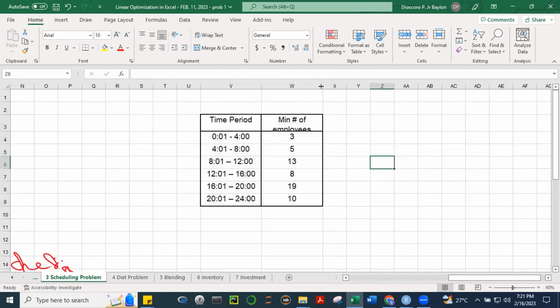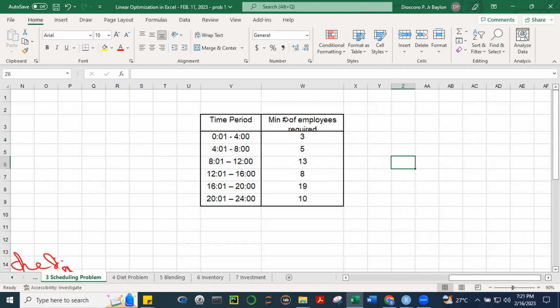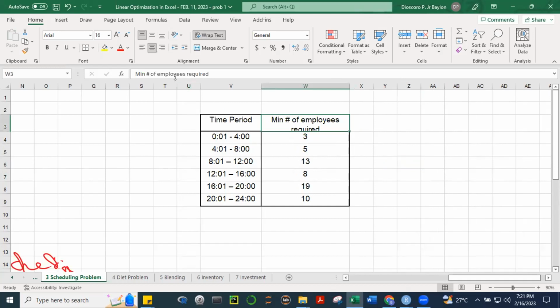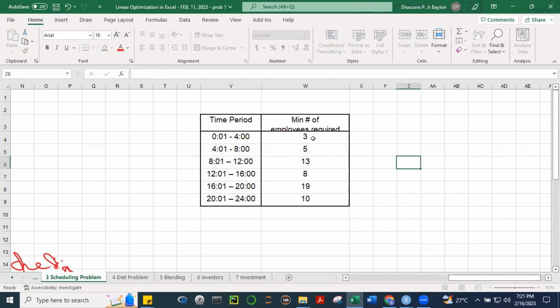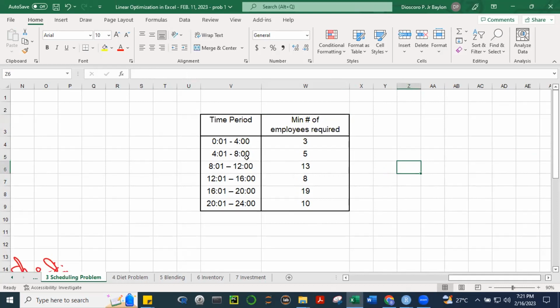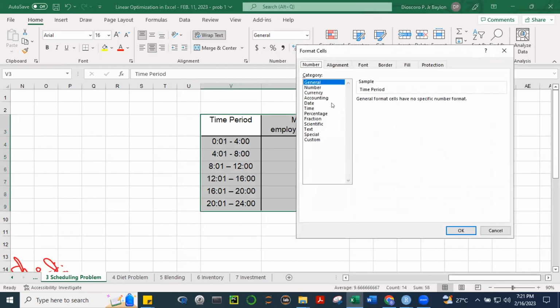I'll just work with this data here, and let me format this a bit.